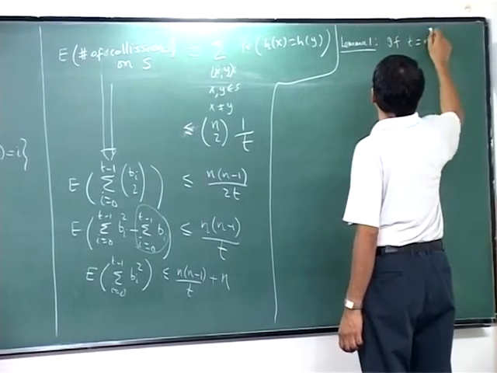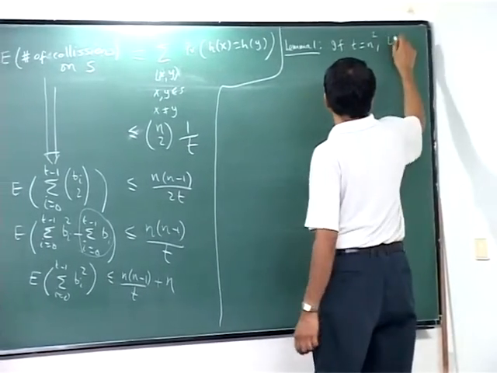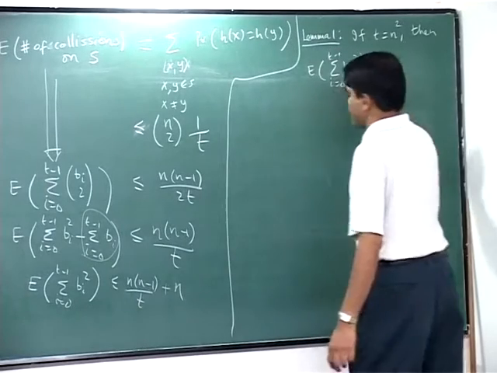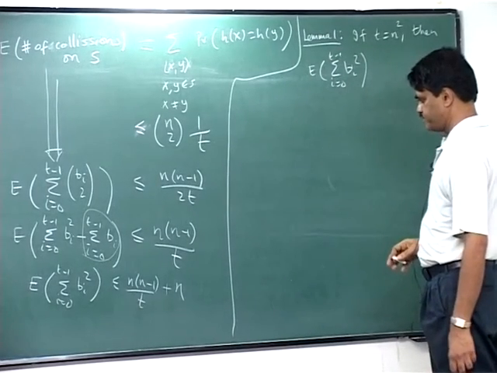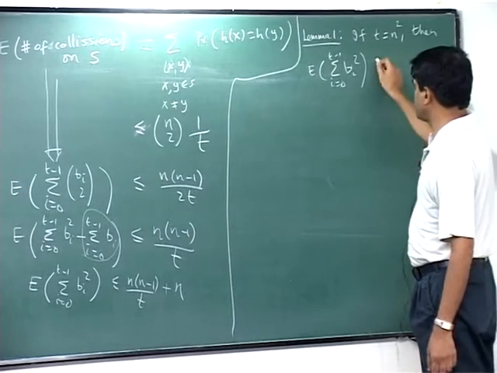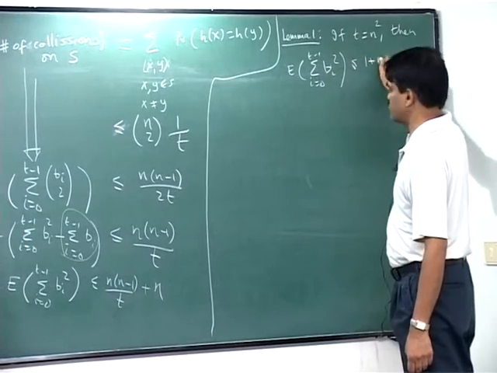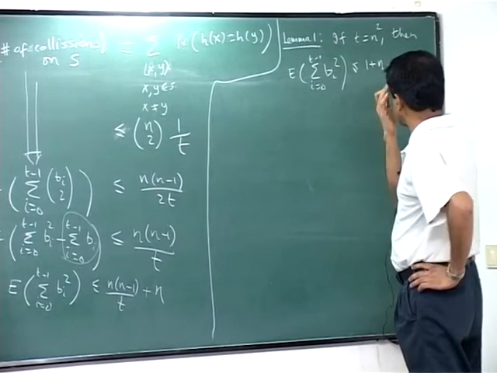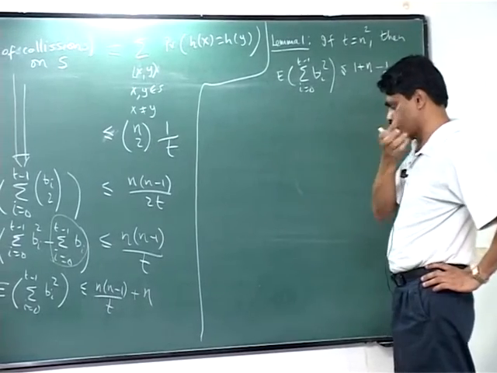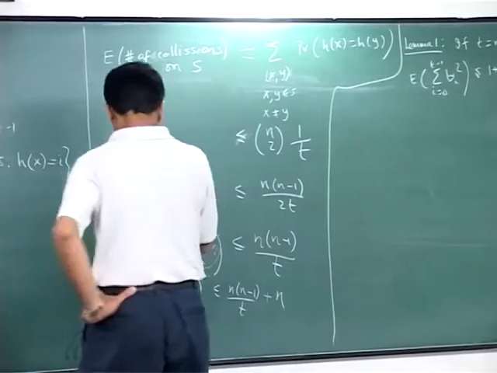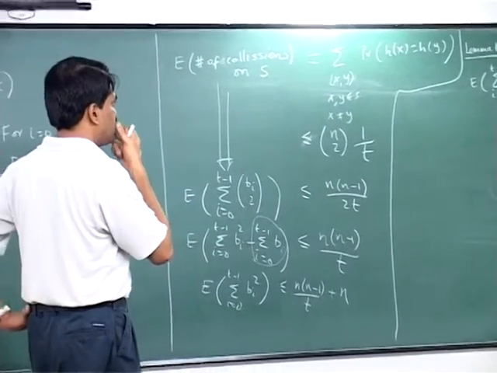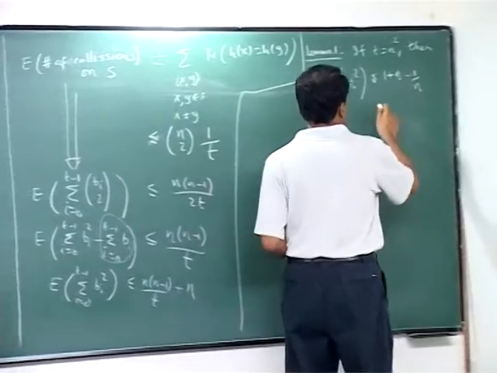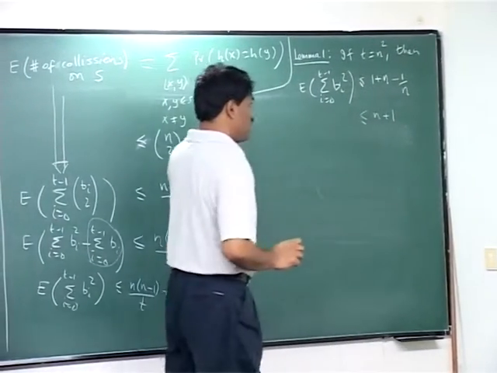Is n square, then let the value of summation Bi square... What does this mean?